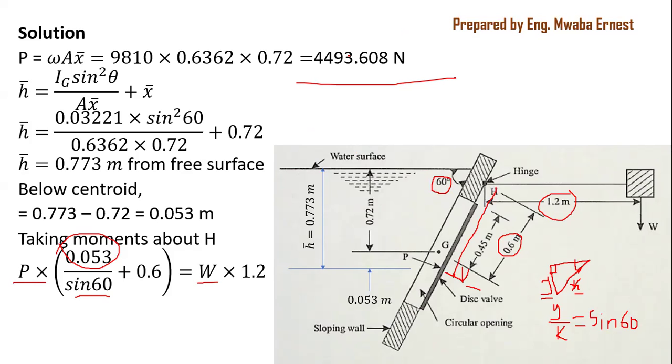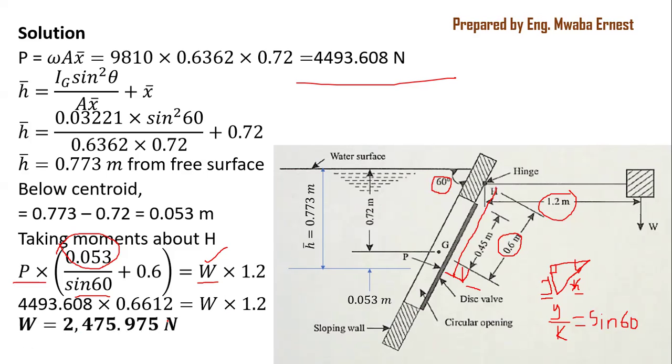We just substitute so that the only unknown will be W. So 4493.608 times 0.6612 equals W times 1.2. Making W the subject, the additional weight we're looking for, W, is 2475.975.